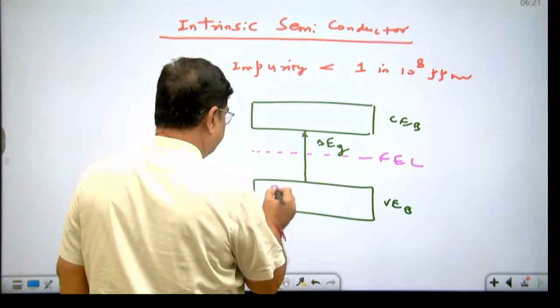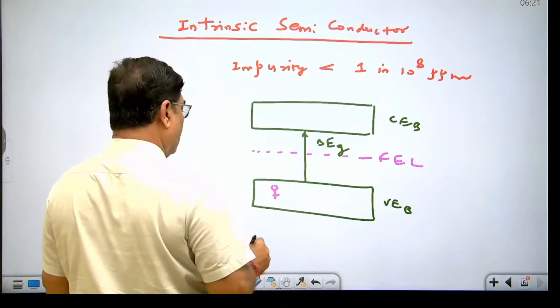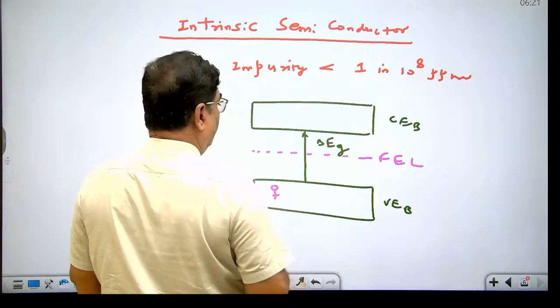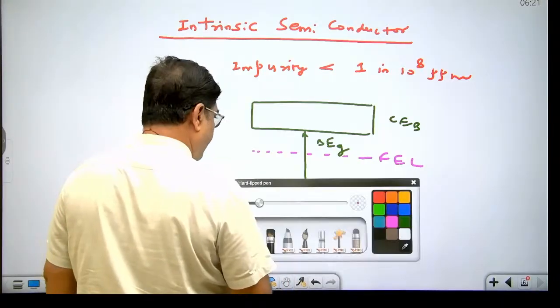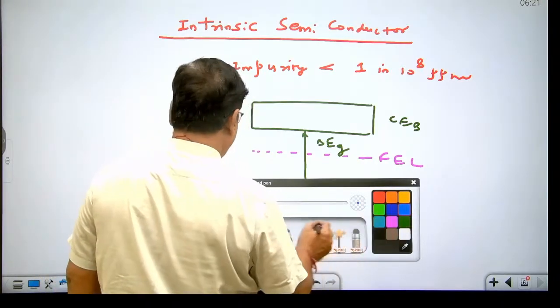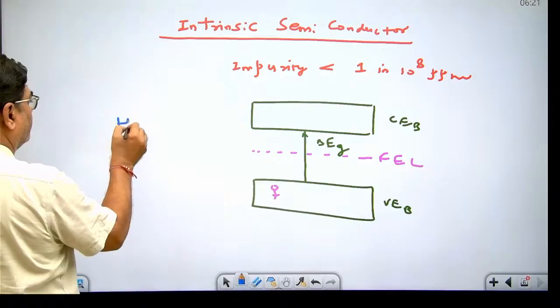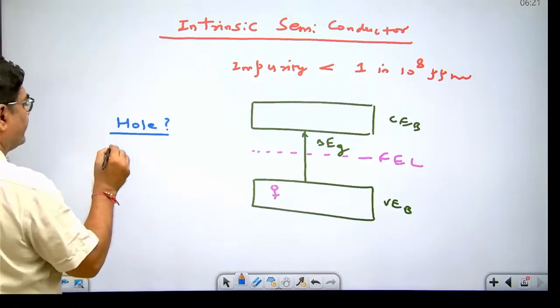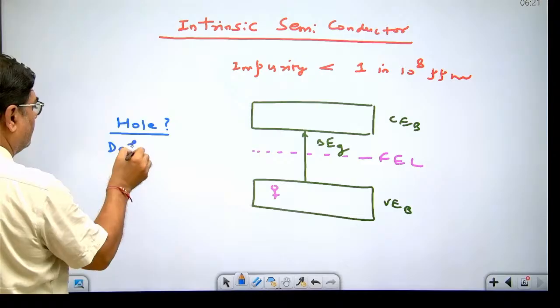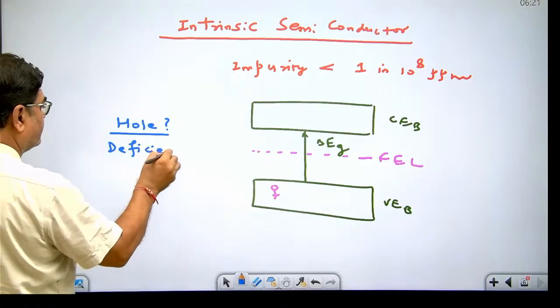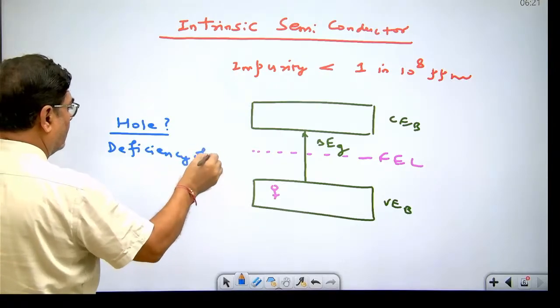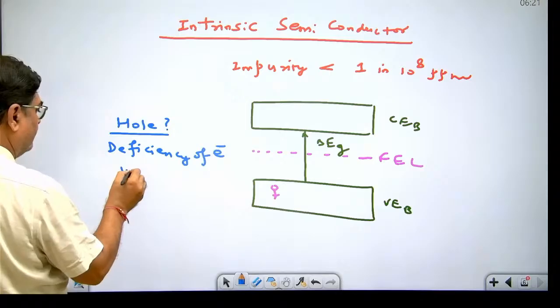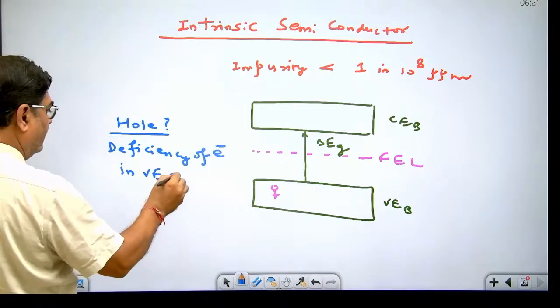And another thing, how the hole is formed. When covalent bond is broken in valency energy band, then the hole is formed. And what is hole? Hole is simply the deficiency of electron in valency energy band.